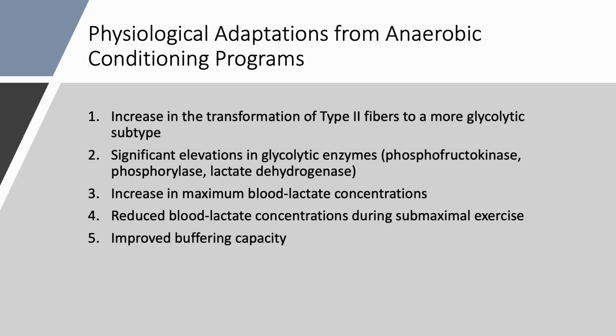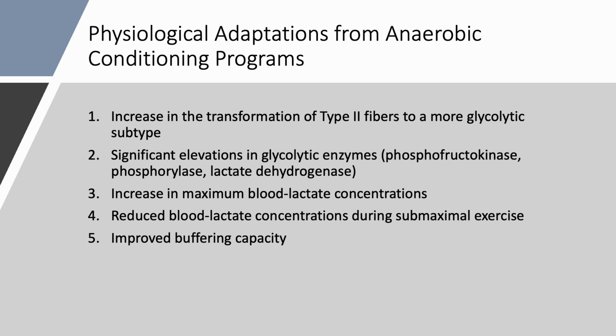ATPase, which is an enzyme utilized to break down ATP for energy to be used for muscle contraction. Therefore, if we have an increase in elevation of these glycolytic enzymes, they may be able to work quicker. You'll be able to recover at a faster rate and improve overall performance as a result of anaerobic conditioning programs.